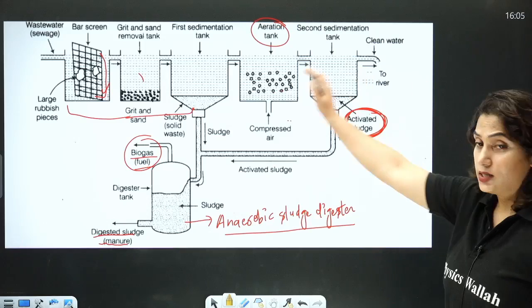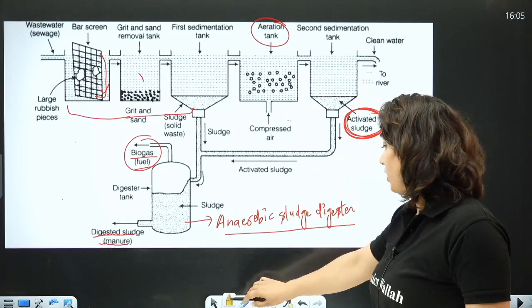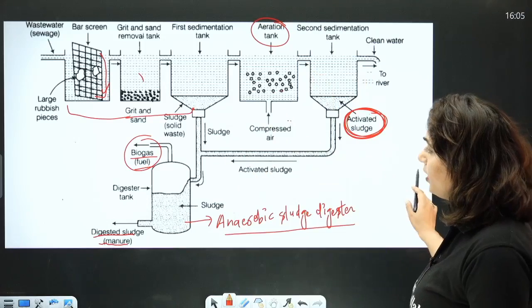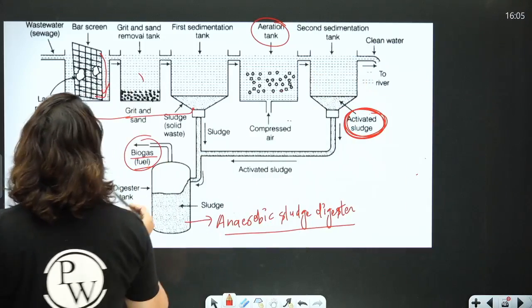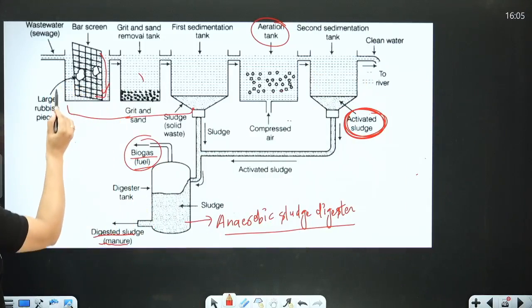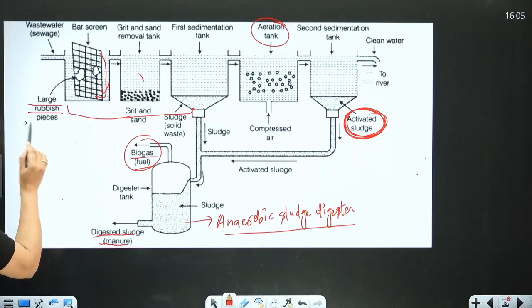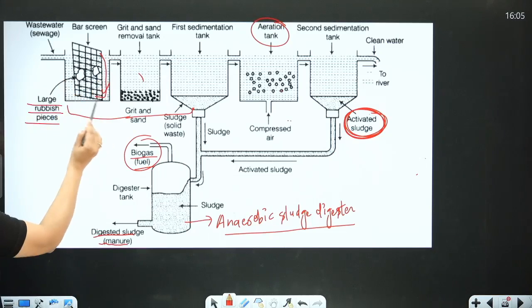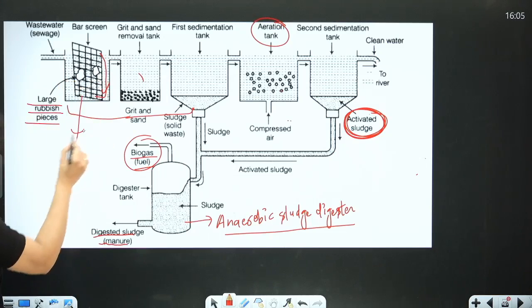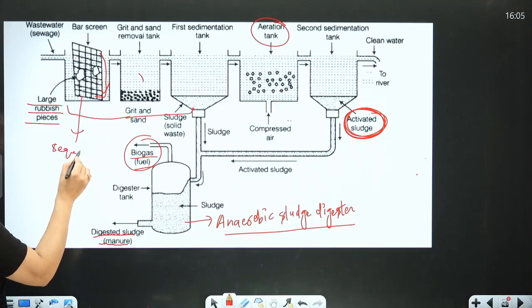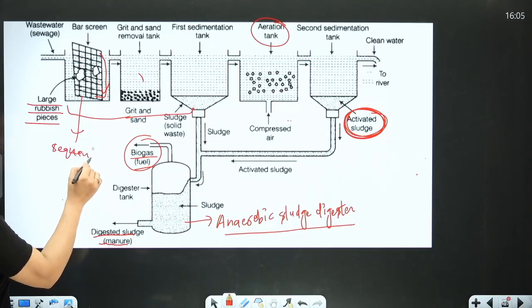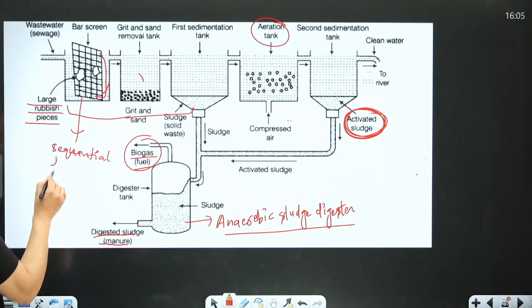Okay, so this is a sewage treatment plant. Here you can see a container where the large floating pieces are removed.